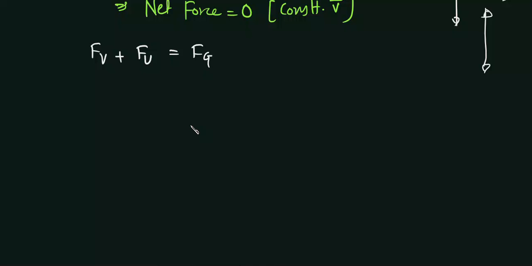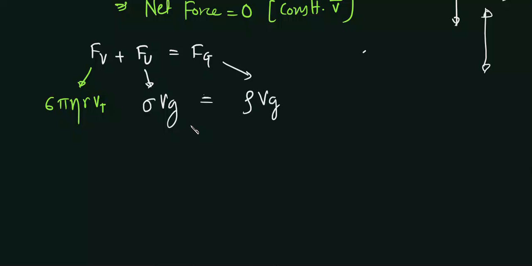This viscous force is 6 pi eta r v, but here we are talking about the terminal condition, so I have written Vt. The buoyancy force is equal to sigma Vg, and the gravity force is equal to rho Vg. Now rho is the density of the object and sigma is the density of the liquid.